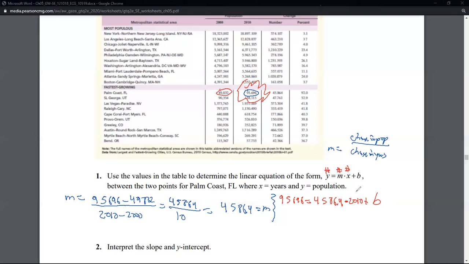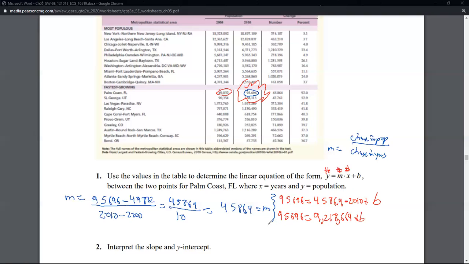4586.4 times 2010, please try this on your own, is going to be 92... why does that look wrong? 664, let me double check that. 4586.4 times 2010. I'm just not used to plugging in those numbers. I usually do the 2000, that's why. So that's 95696 equals 9218664 plus b.